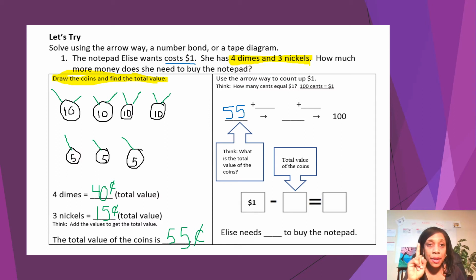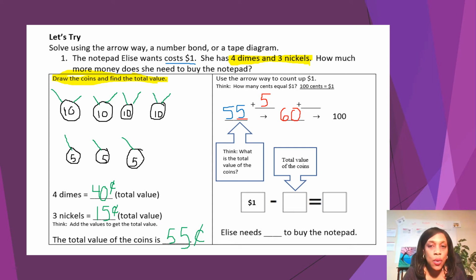Remember, make it a friendly 10 number. So if I have 5 here in the ones place, to make it a friendly 10, I know 5 plus 5 will get me to my next 10 number. 5 plus 5 is going to get me to 60. Now that I'm at my friendly 10, it's easy for me to hop over to 100.